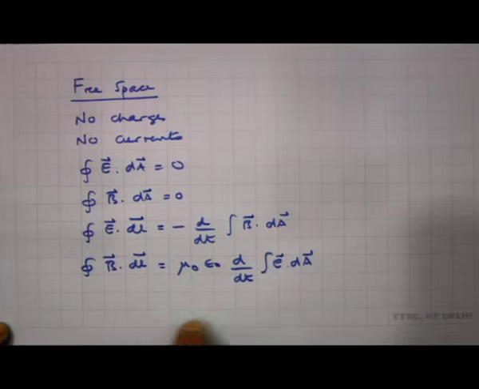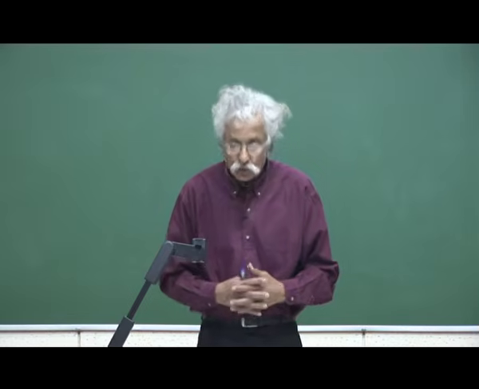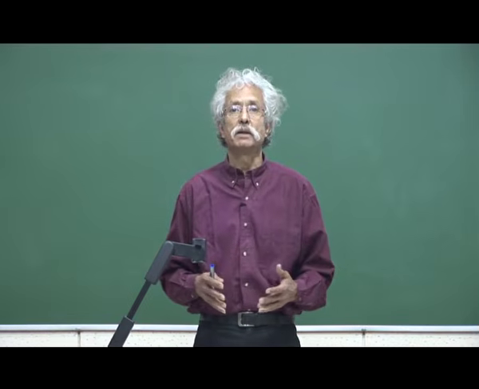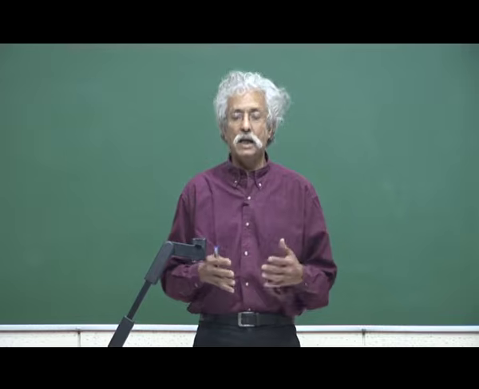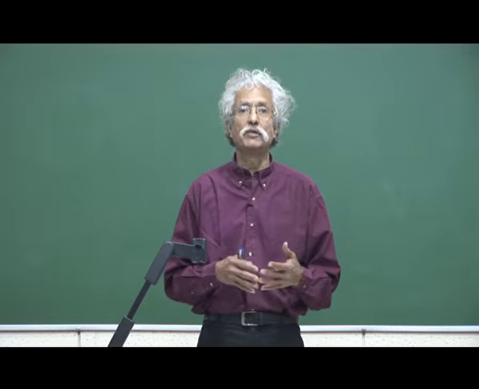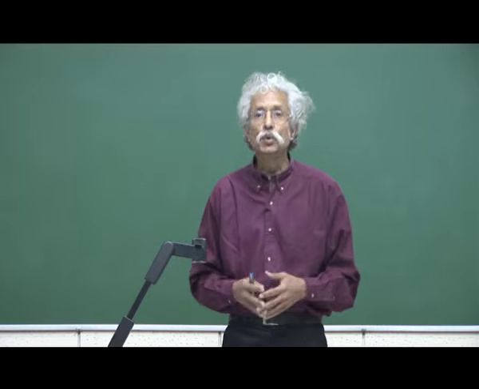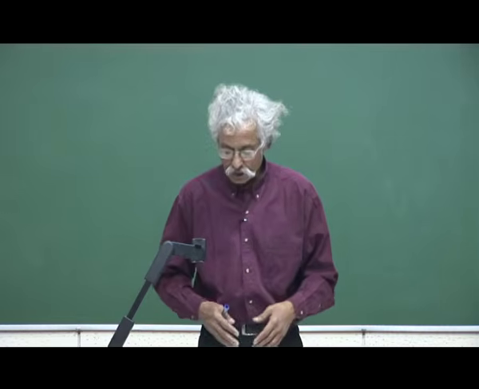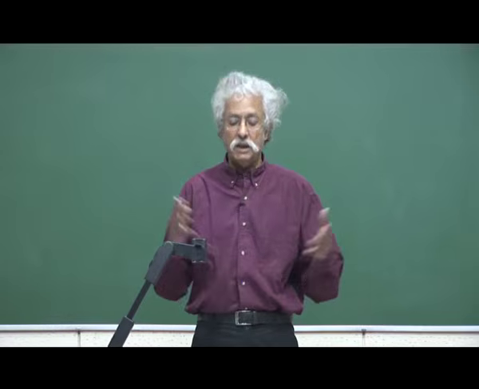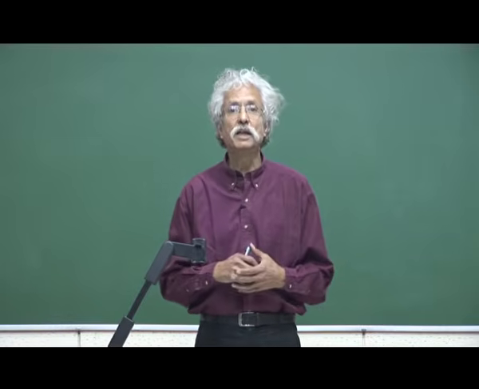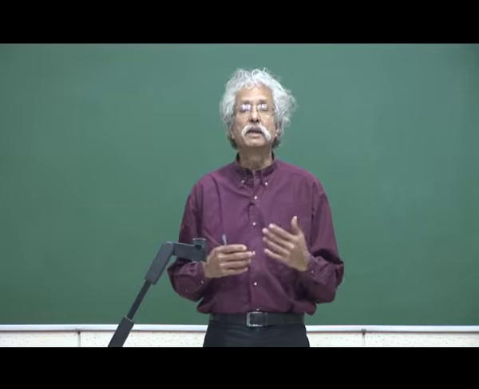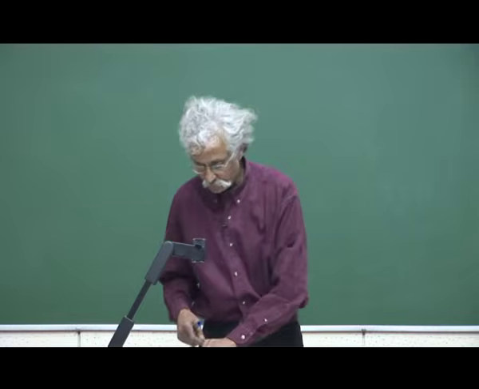This is the way the electric and magnetic fields couple to each other, and this is the way the electromagnetic fields are propagating and generated through the space, and these waves do not require any medium to propagate. Unlike other waves like sound waves or water waves or waves on a string, in which there is a medium required, these waves can propagate through free space right from stars which are light years away. The light coming from there is essentially electromagnetic in character.